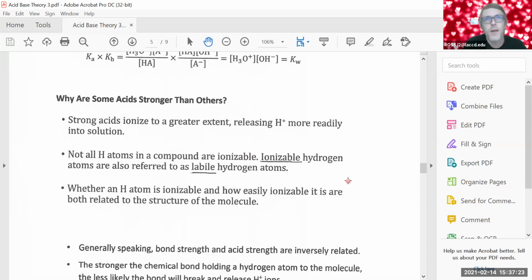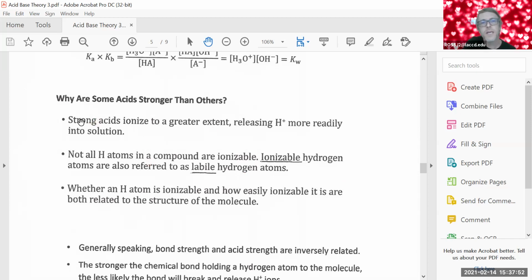To give you an analogy, why are some carnivores better adapted to catch prey than others? They might have longer teeth, they might have pointier teeth. So you can look at the feature of the carnivore and see why it's better at doing what its family says it should do. Likewise, within the acid family, why are some members better at it than others?